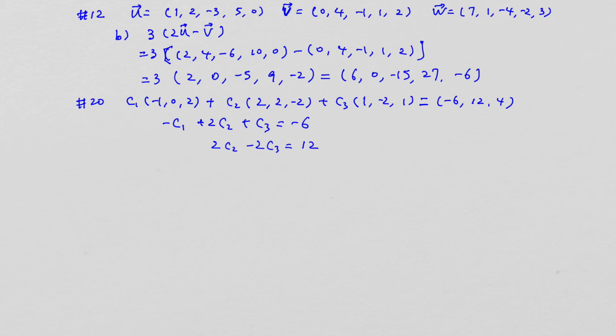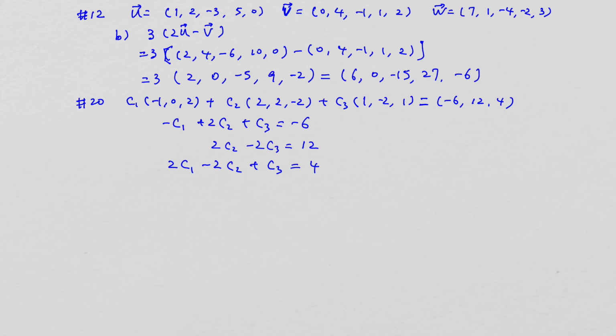And then 2C1 minus 2C2 plus C3 equals 4. To solve this system of equations, you can use any method you want. It's really up to you how you're going to solve this.